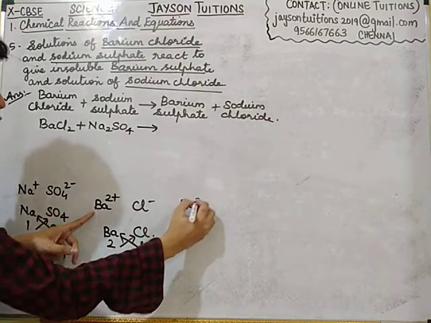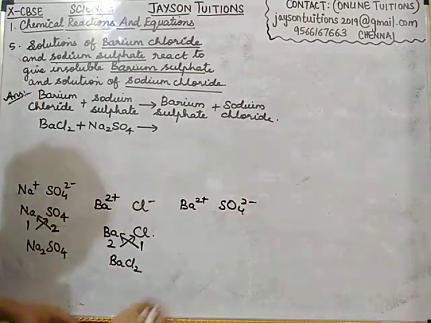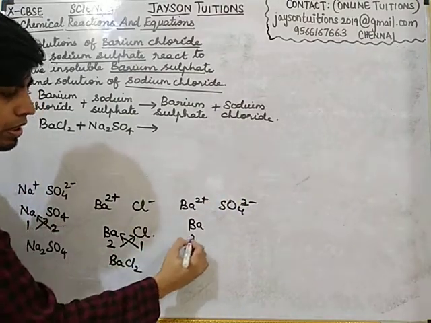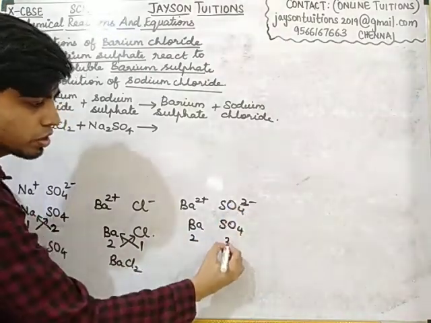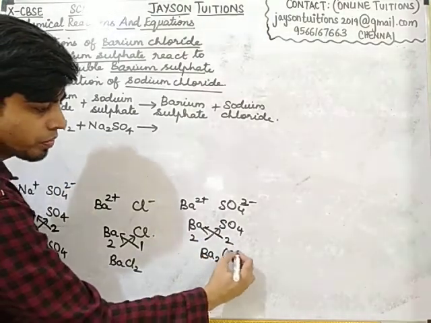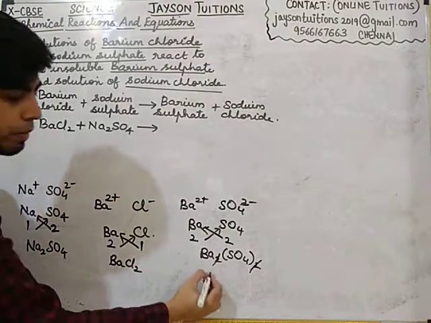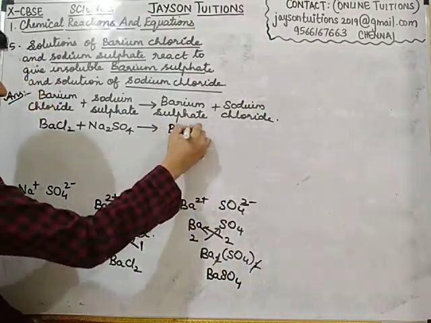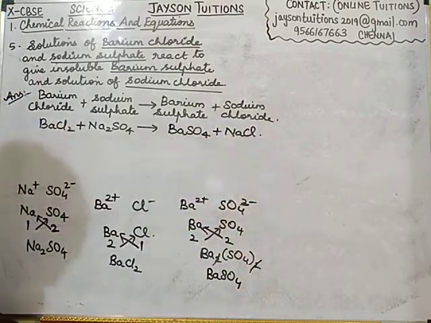Barium is Ba2+, sulfate is SO4 2-. So barium, the number is 2, write it down. Sulfate SO4, the number is 2. So when you crisscross, you will get Ba2 SO4 2, and the 2s will get cancelled if it is the same number. So you will get BaSO4. Sodium chloride, you know it is NaCl.